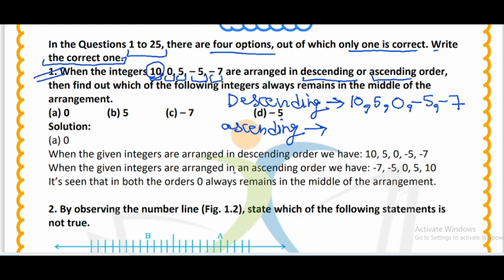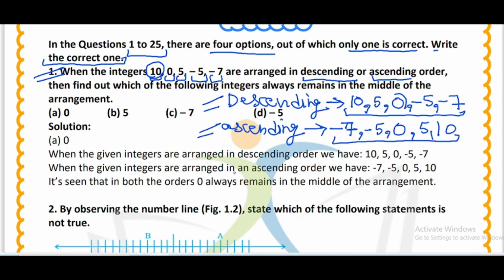The smallest number of the given integers is -7, then -5, then 0, then +5 and +10. This is the ascending order of the given integers.